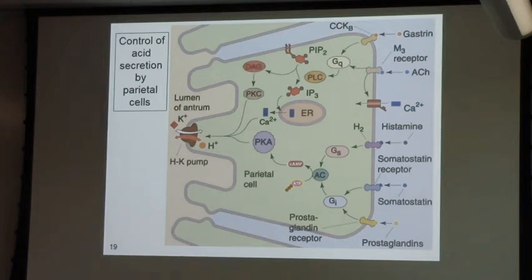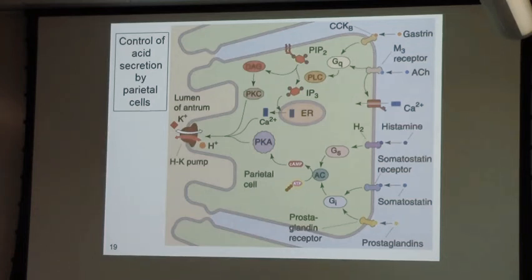Diacylglycerol and calcium released from the endoplasmic reticulum activate protein kinase C. Phosphorylation of proteins is important for secretion, so the calcium and protein kinase C are important for exocytosis of the vesicles that contain the proton potassium pump into the apical membrane.